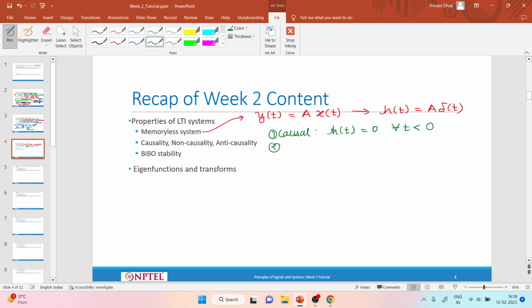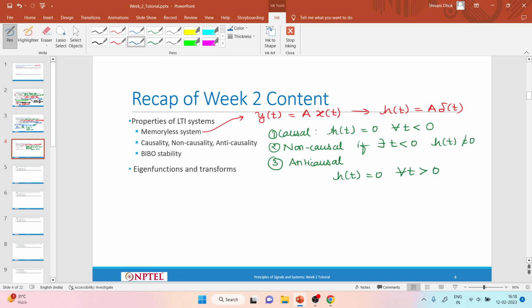It is non-causal if there exists some t less than 0 for which h of t is not equal to 0. Like for some t which is less than 0, it has a non-zero impulse response. And the third one is anti-causal, and for this h of t is equal to 0 for all t which are greater than 0.